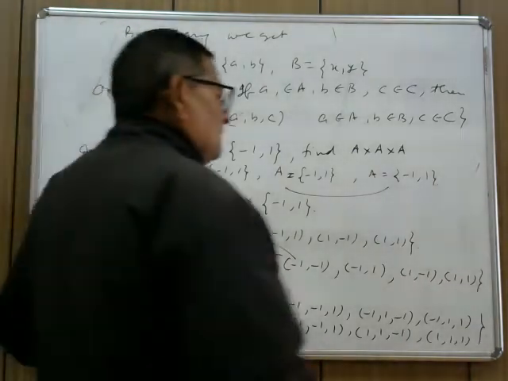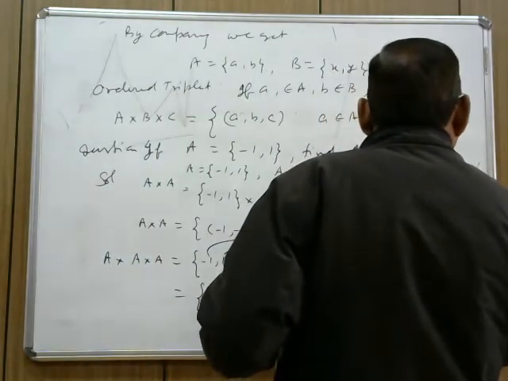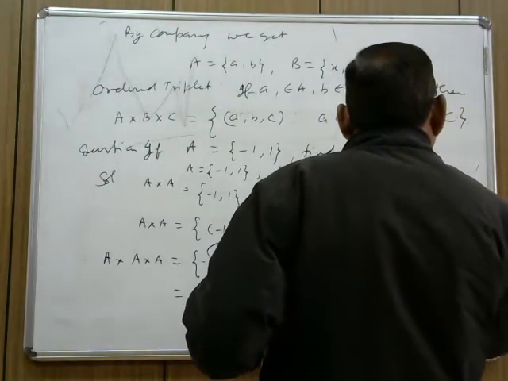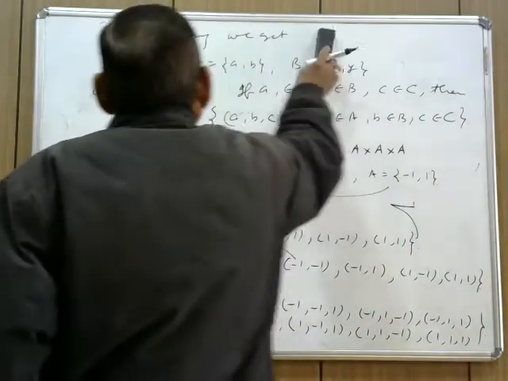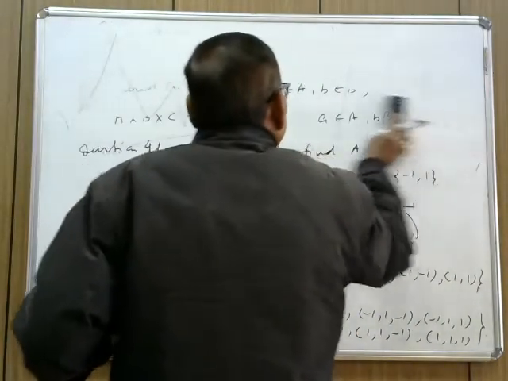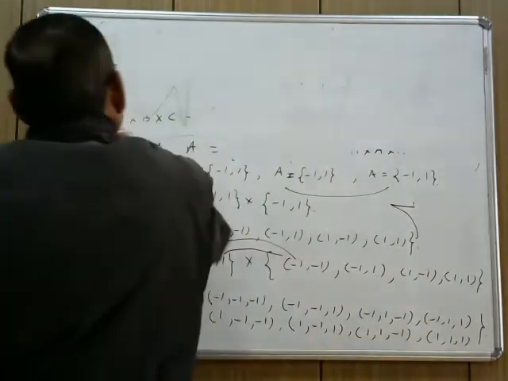This A cross A denotes the points in a two-dimensional plane. What do you conclude from this?